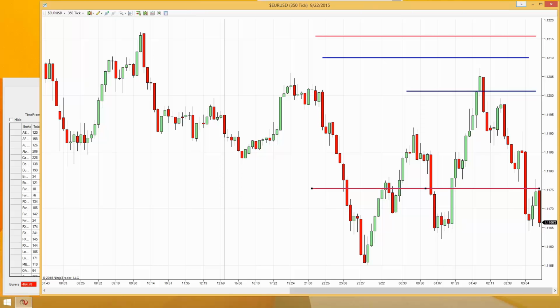So let's just say you have a strategy and your strategy at, let's say, 1173.74 tells you to go long. All of a sudden you see you had bids at 1175. So it's a good opportunity to go long. You have the bids to help you, and you can take the trade at that time.